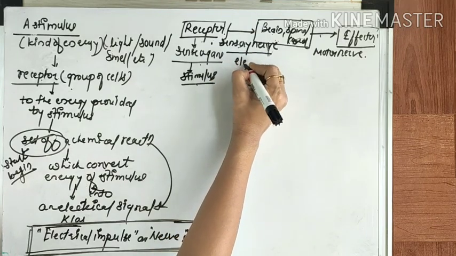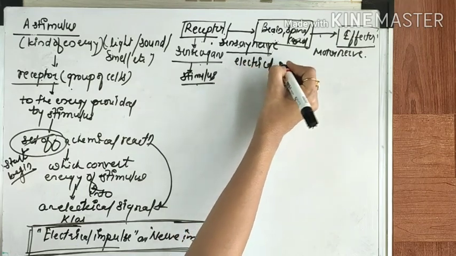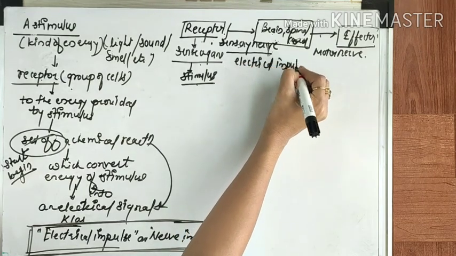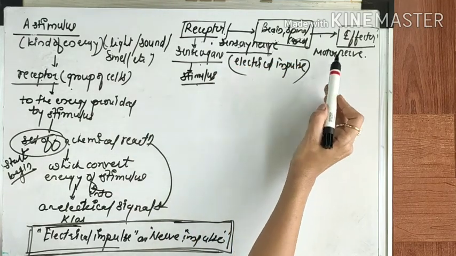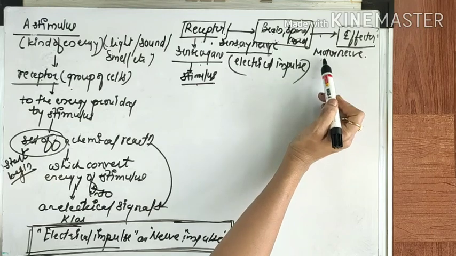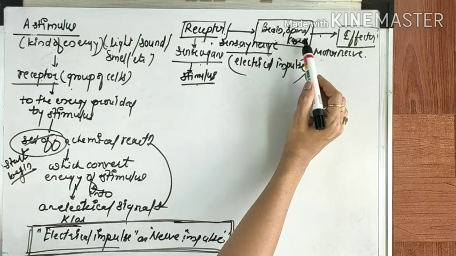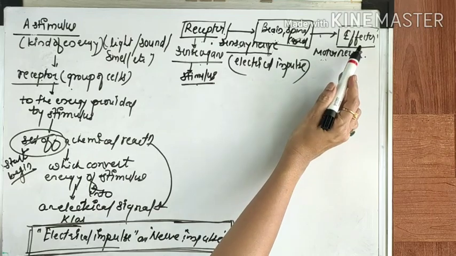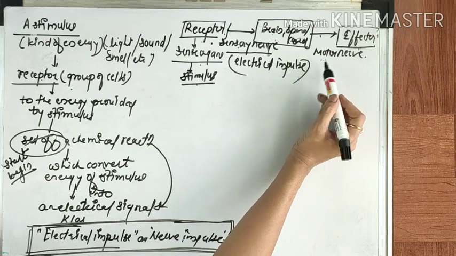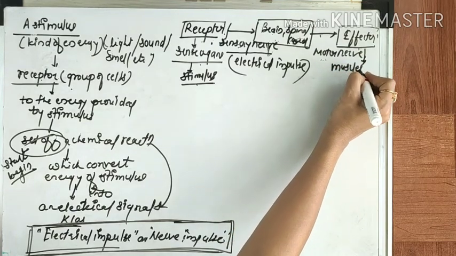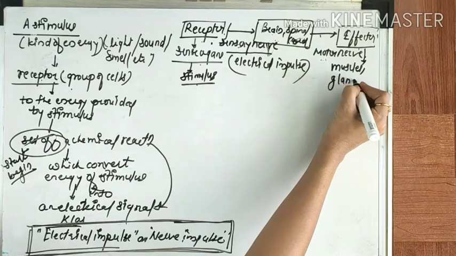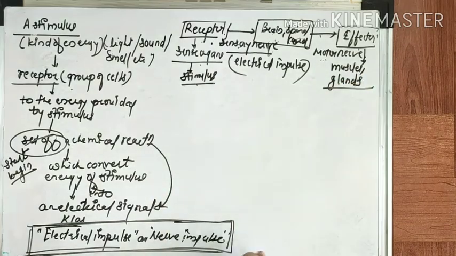In the form of electrical impulse. Then what will happen? These motor nerves transmit the response of the brain and spinal cord to the effector, again in the form of electrical impulse, and the effector is nothing but the muscles and glands. So this is all about the receptor.